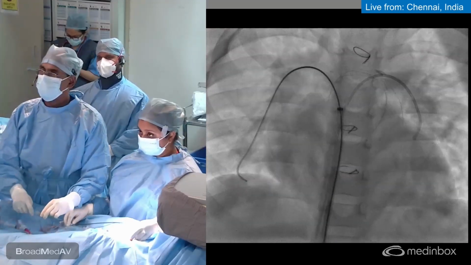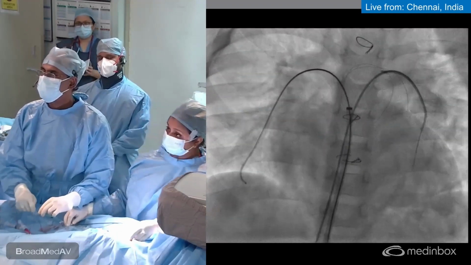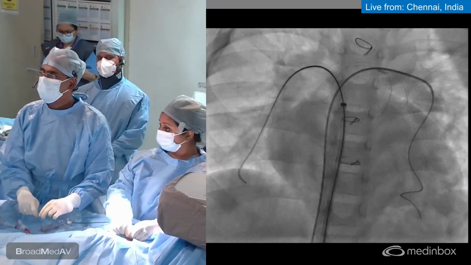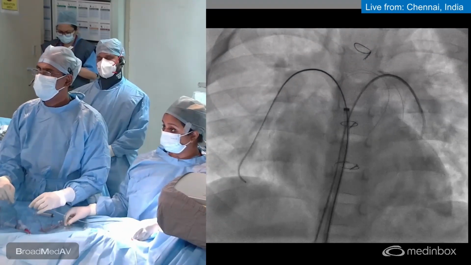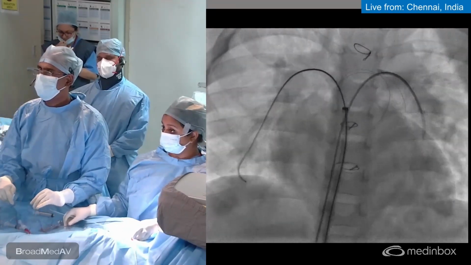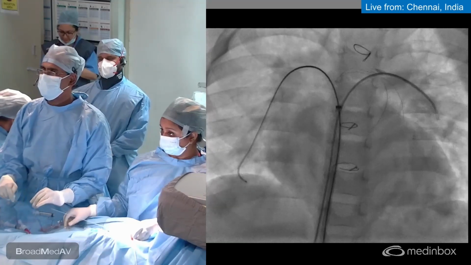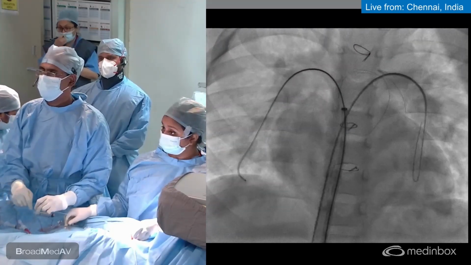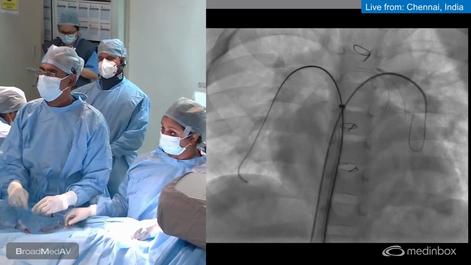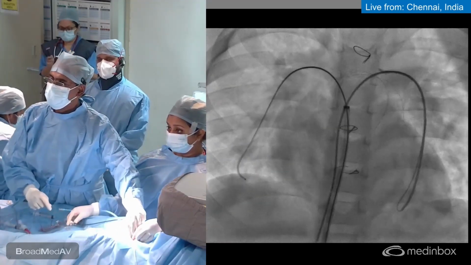So let us see how on an LAO projection this angio looks. Trying to go into one of the lateral branches. Let's try here itself, okay.